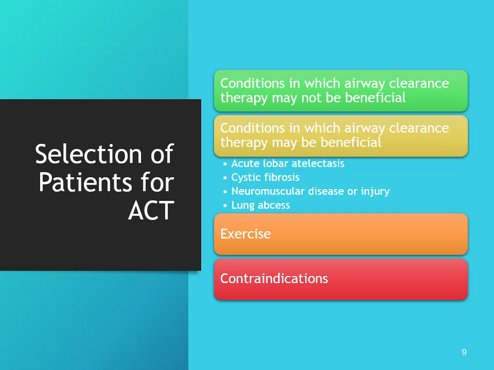So again, large amounts of bright red blood, frank hemoptysis, empyema, a loculated large area of pus, foreign body aspiration, because you don't want that foreign body to move down further into the airway, and untreated pneumothorax, all considered an absolute contraindication for airway clearance technique.